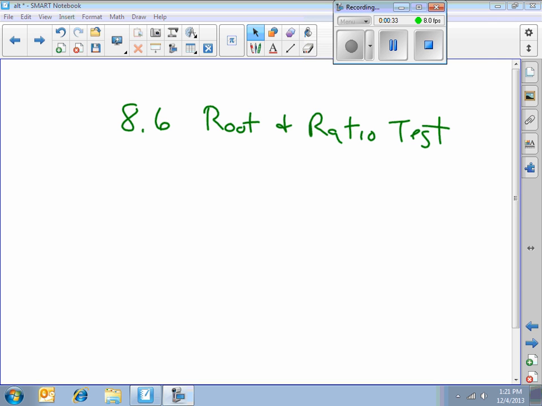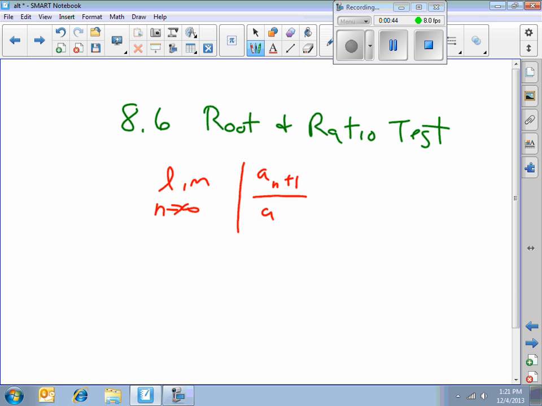Basically, it says if we look at the limit as n approaches infinity of the absolute value of a to the n plus 1 over a to the n. So we're talking about an infinite series of a to the n, and a to the n plus 1 is just adding 1 to the term.